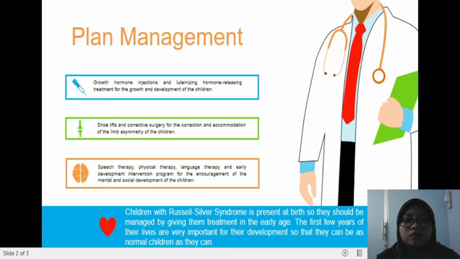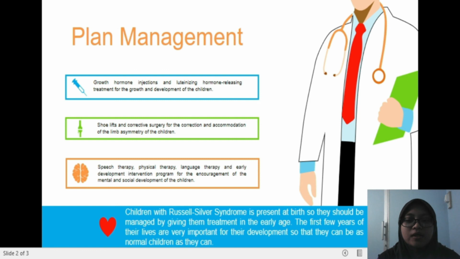Besides that, for the correction and accommodation of limb asymmetry, shoe lifts and corrective surgery are very important to gain a symmetrical position of the children's limbs. Furthermore, there are also treatments that can manage the mental and social development of the children, such as speech therapy, language therapy, physical therapy, and they can also join the early development intervention program.